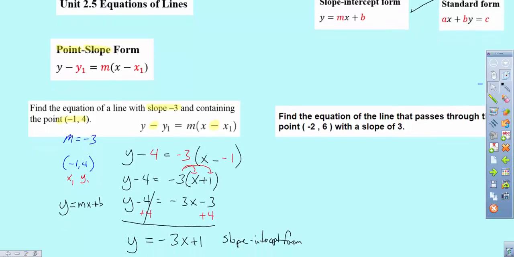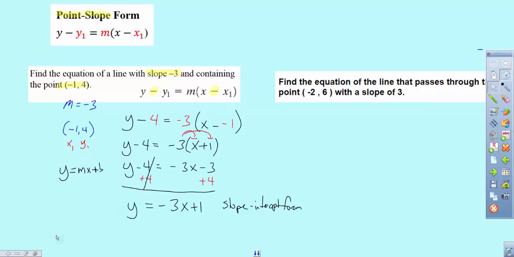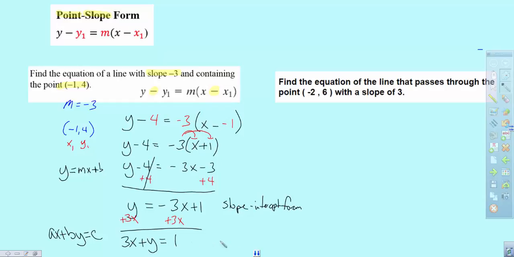Standard form is in the format of ax plus by is equal to c, which means basically we need to move everything over to the left-hand side. So we add 3x, and now we have 3x plus y is equal to 1. And that's standard form.